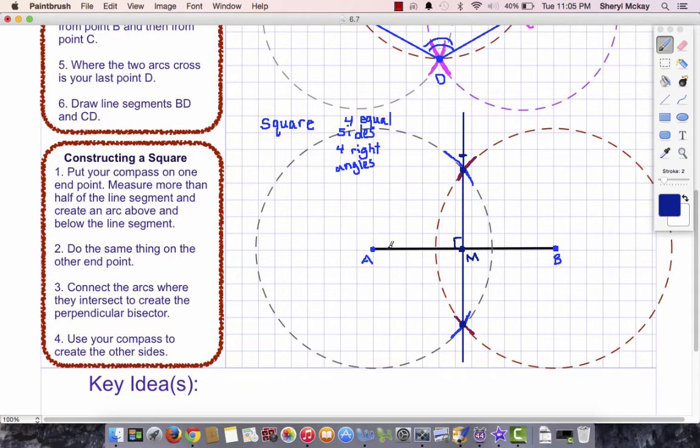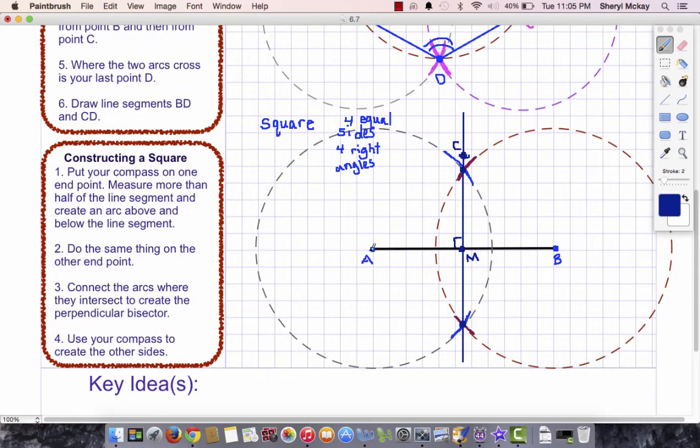I'm having to do this by counting, but you can use it with a compass. Yeah. So once I've made my point, that I'll go ahead and call point C.